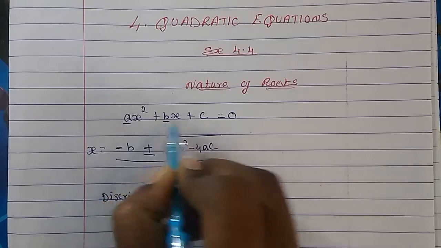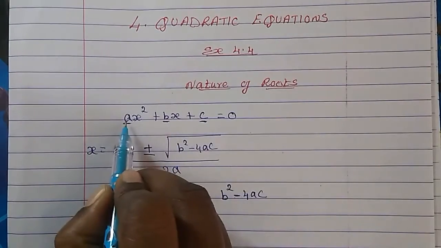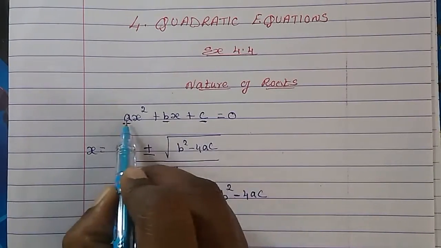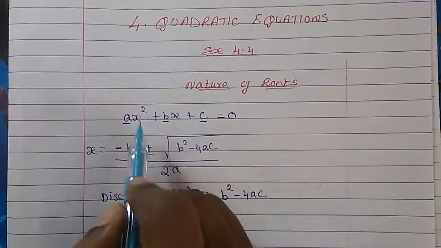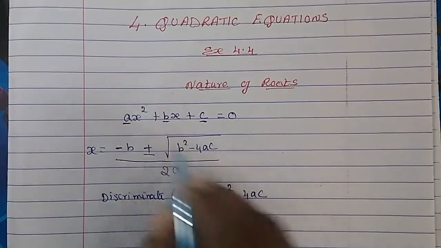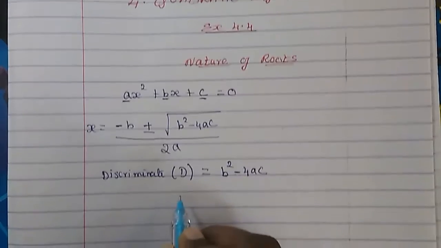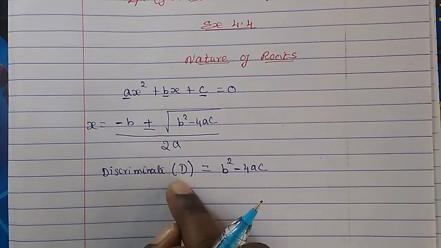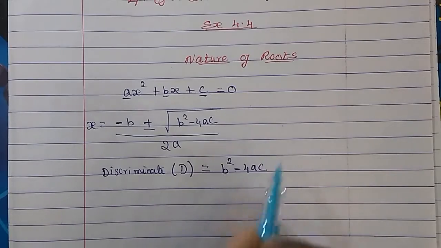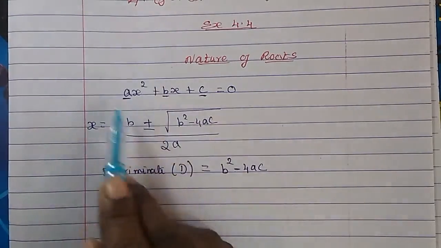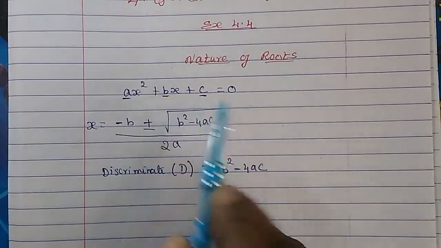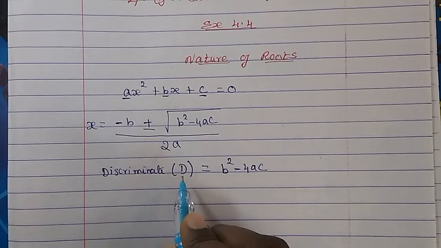Whatever coefficients are here, a, b, c are numbers from the quadratic equation, so when we put those values here we get the D value.